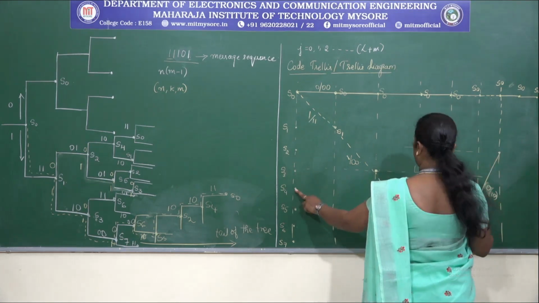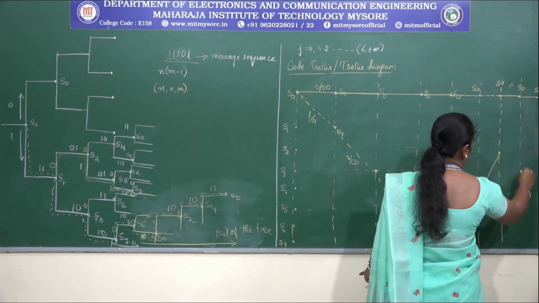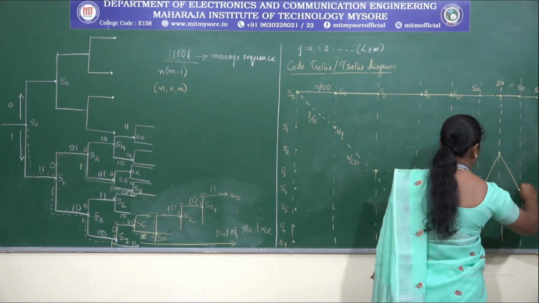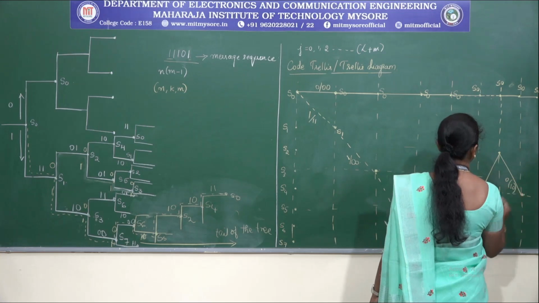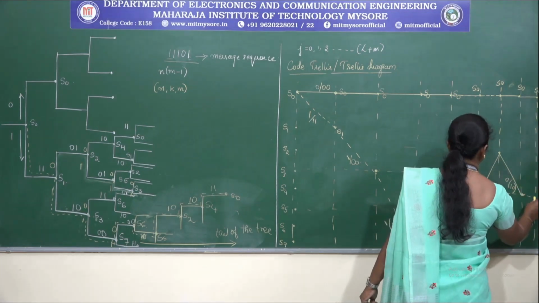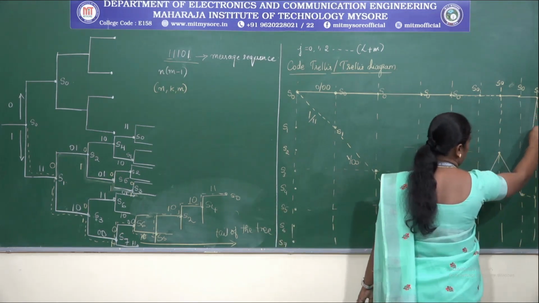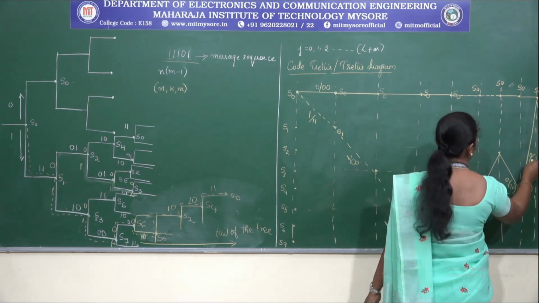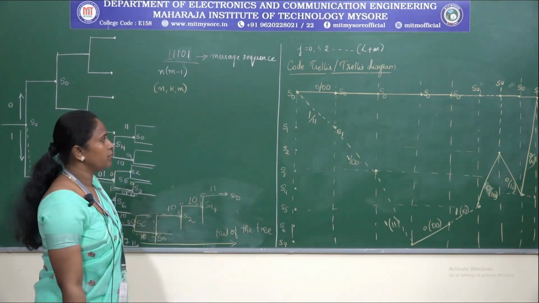S4 is here. This is also input 0 with output 1 0. Next, from S4 it reaches S0. This is with input 0 and the output is 1 1. Okay. So this is how we are going to represent it.